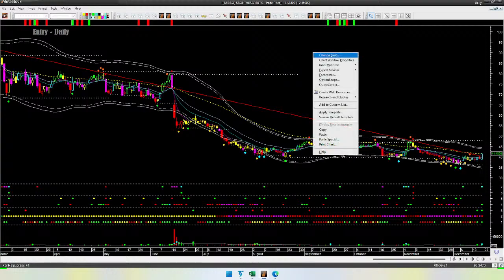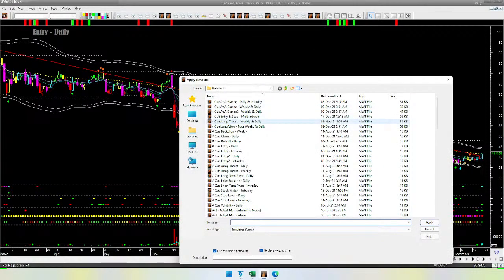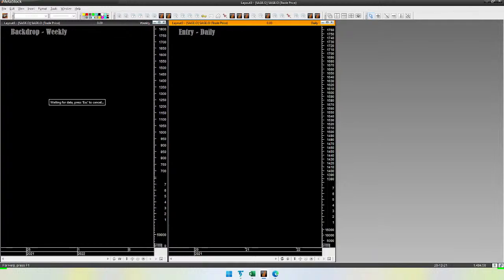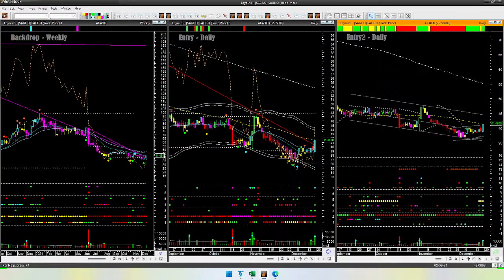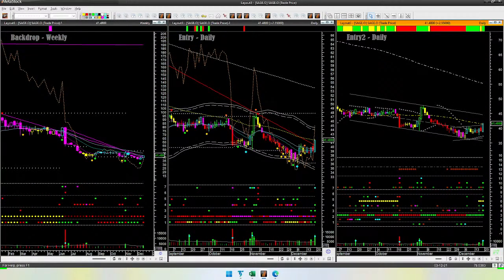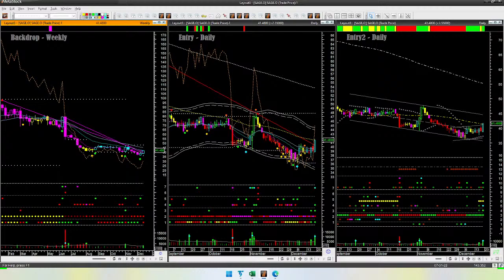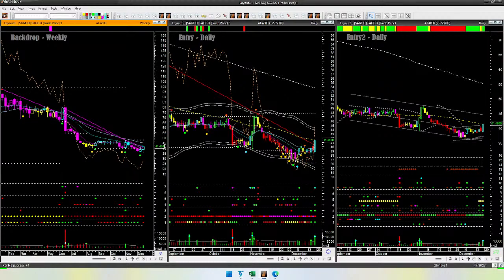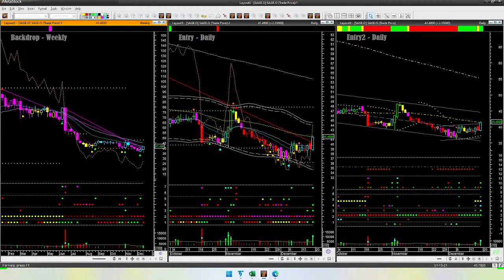Now let's look at these stocks with the standard 3-chart template. Sage Therapeutics. Now it's looking even better, isn't it? I opened it with weekly, daily, daily. What do we have?